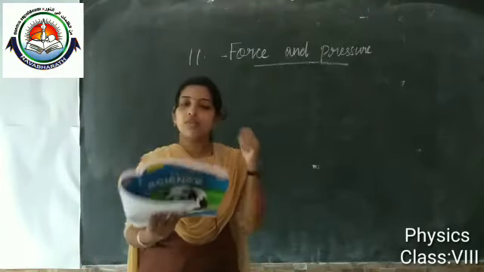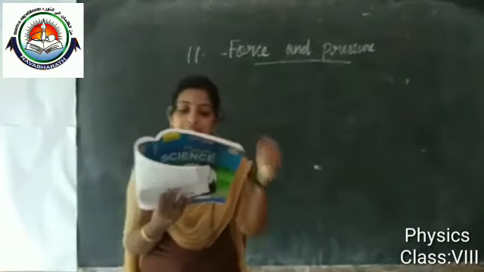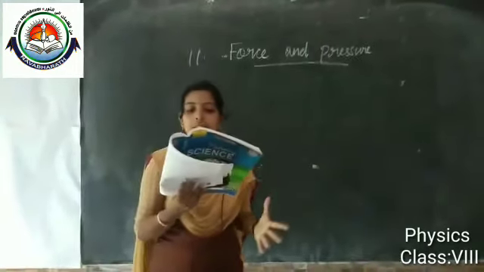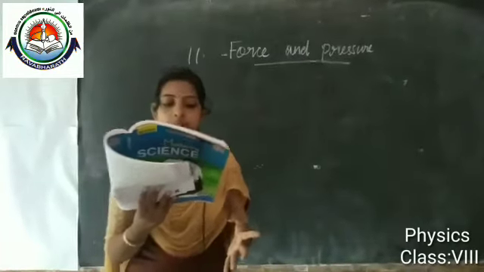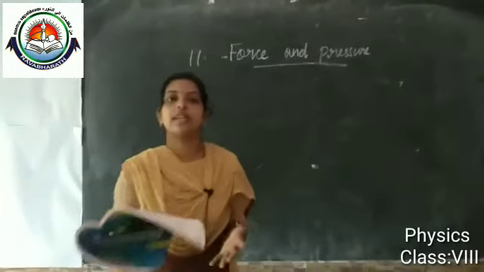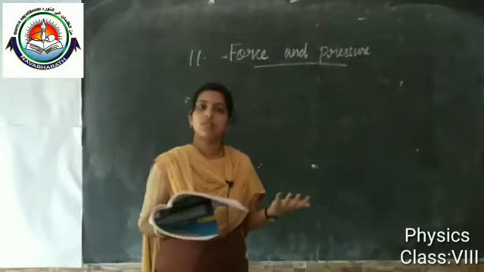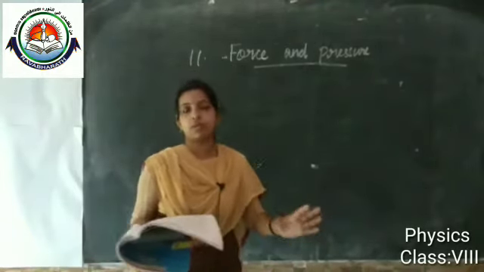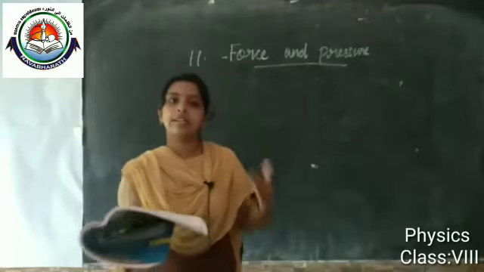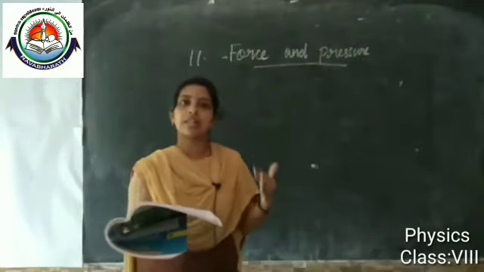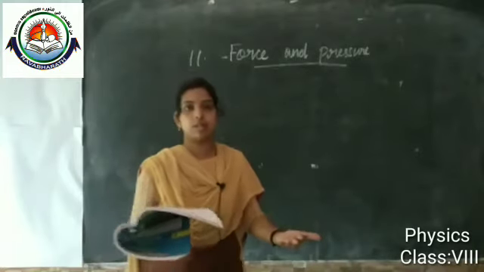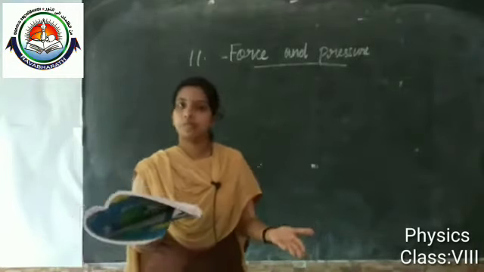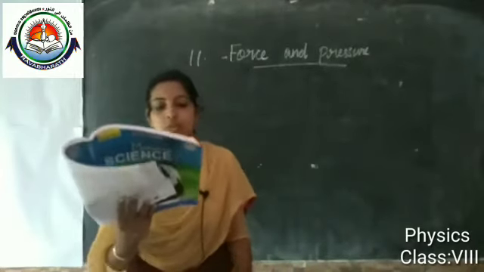So if two equal forces act on an object in the same direction, then what is the resultant force? Resultant force will be maximum, so that the object can move. You can write, in this case resultant force is maximum, as a result the object can move in the direction of the applied force.